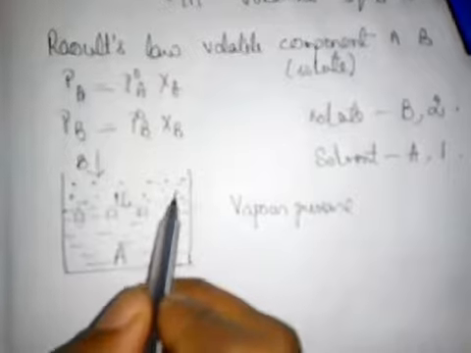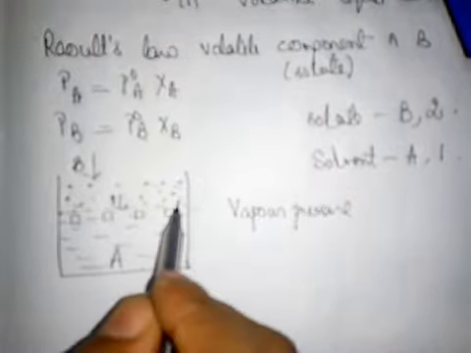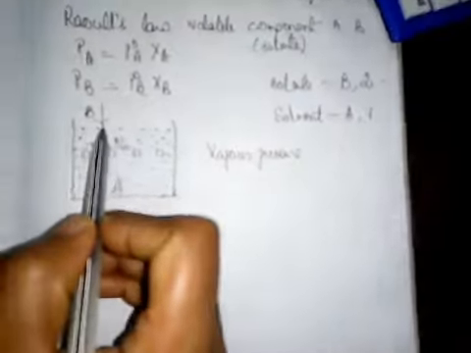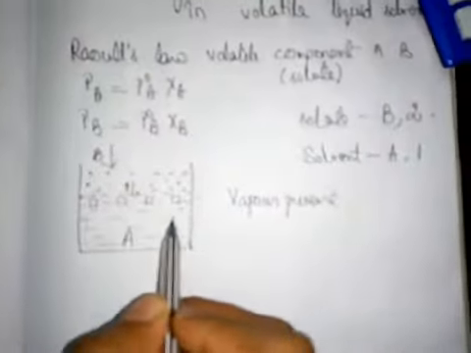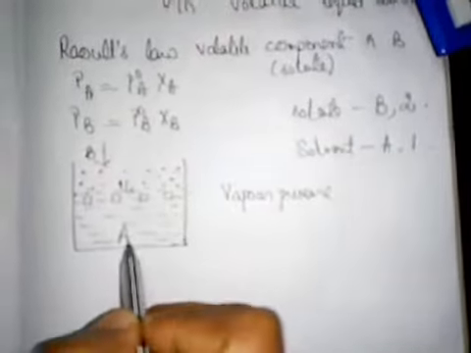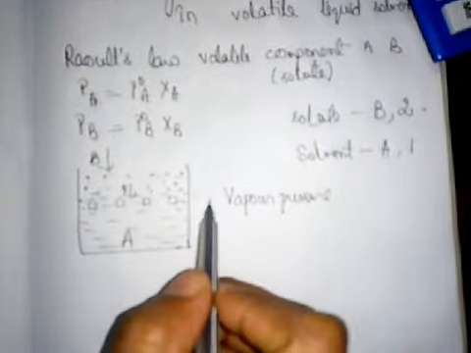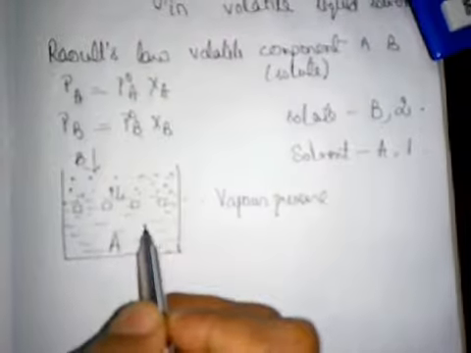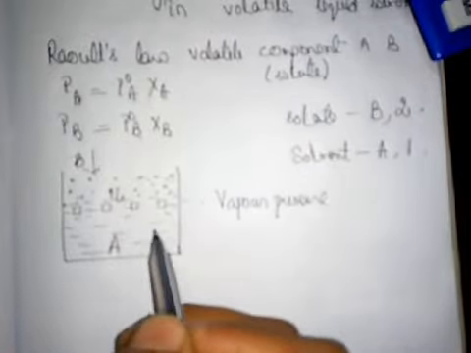So the overall effect is, due to the addition of the non-volatile solid solute to the volatile liquid solvent, the vapor pressure for the solvent in the solution decreases.